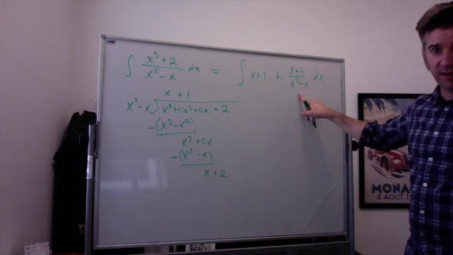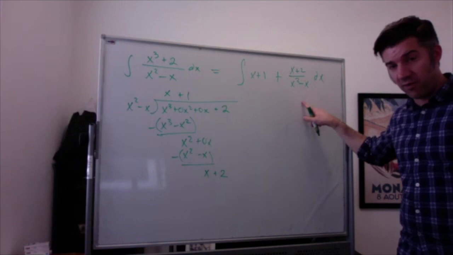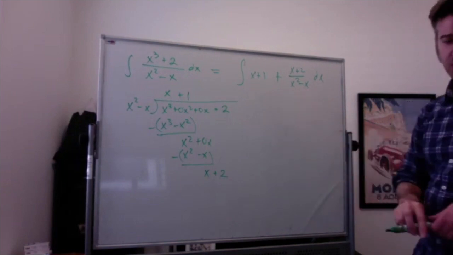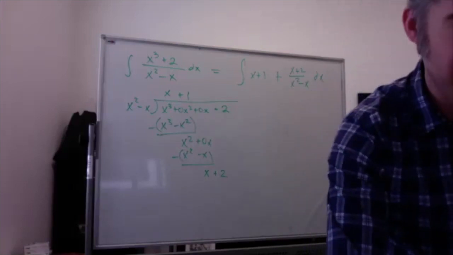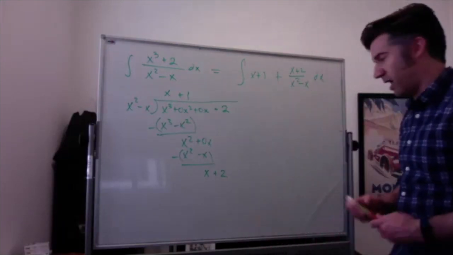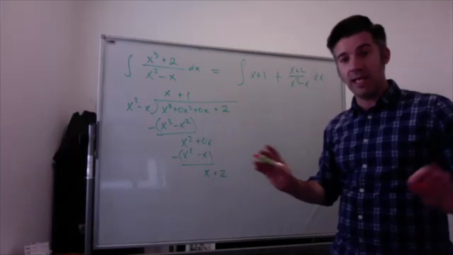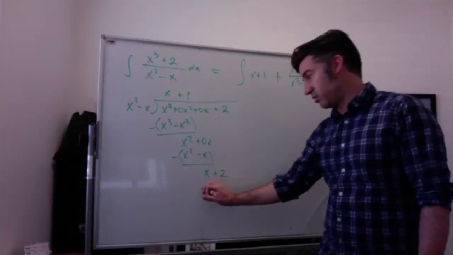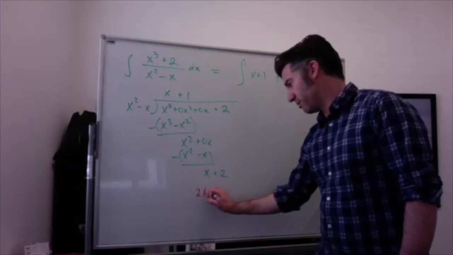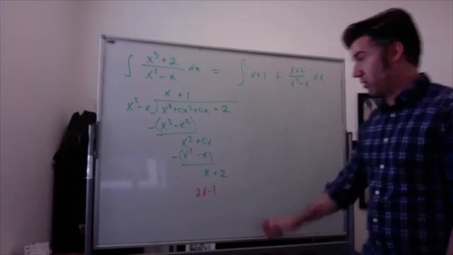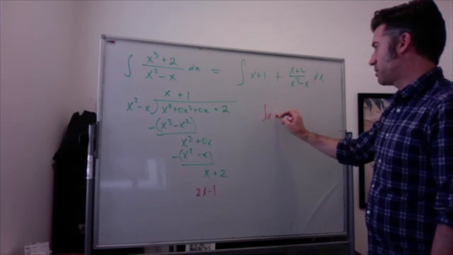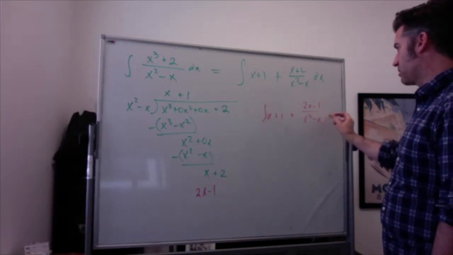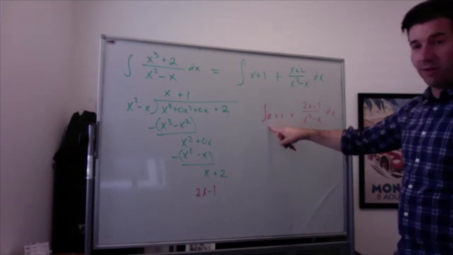And then we're going to have to iterate this. Now, be careful. This is going to require partial fractions, but sometimes people try to be clever. Let's pretend for a second that we did this division and instead of x plus 2, we got 2x minus 1. So our integral was x plus 1 plus 2x minus 1 over x squared minus x. We can integrate x, we can integrate 1.